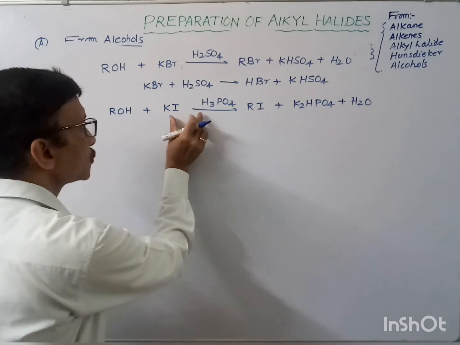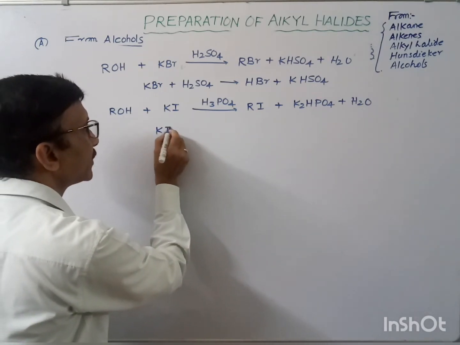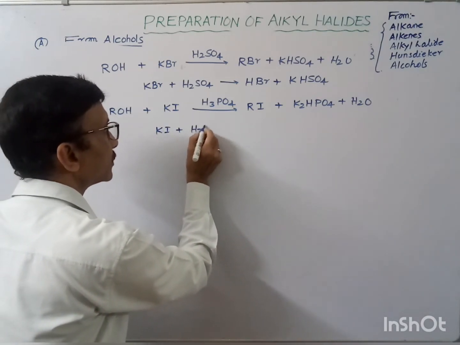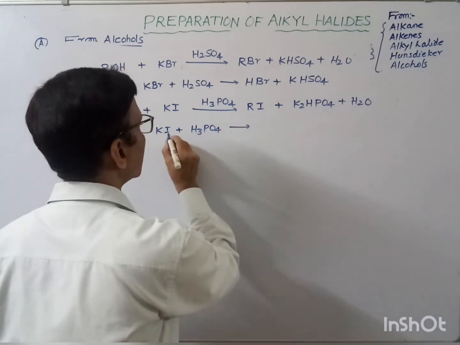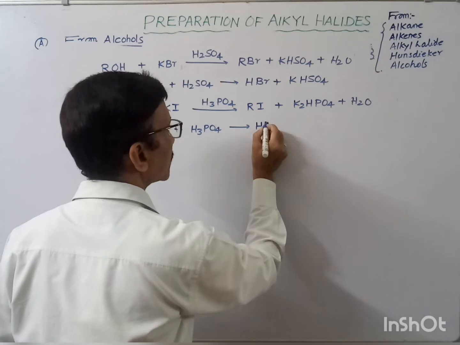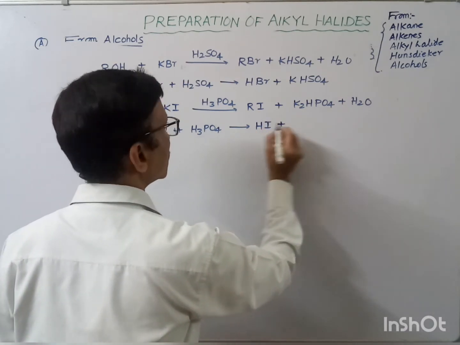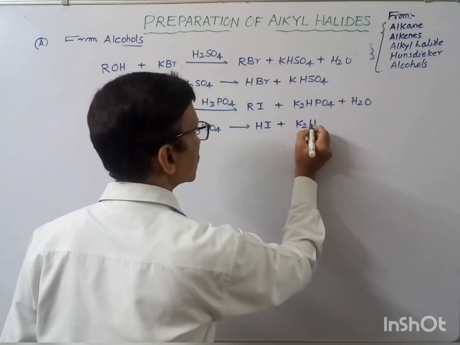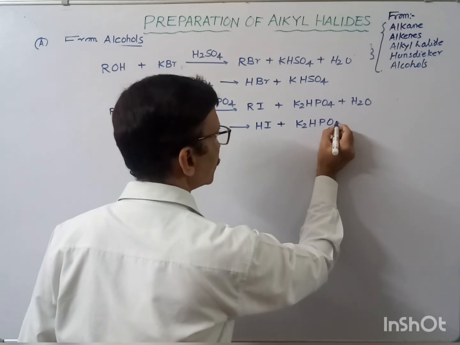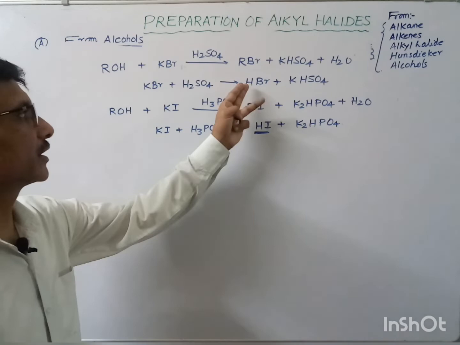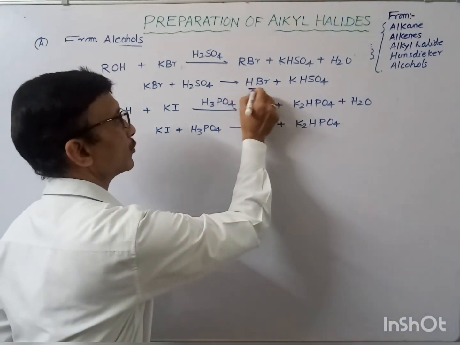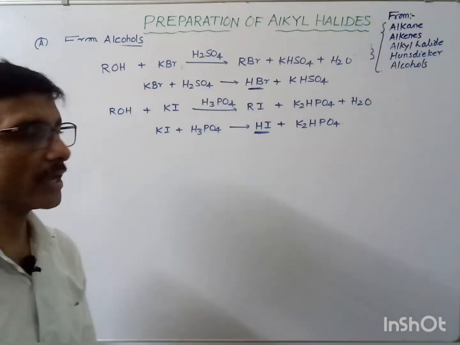So here also potassium iodide and phosphoric acid are giving hydrogen iodide plus K2HPO4. Okay, so we are getting hydrogen iodide, or hydrogen bromide. They finally react with the alcohol.